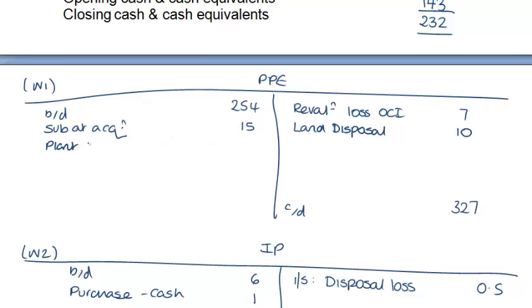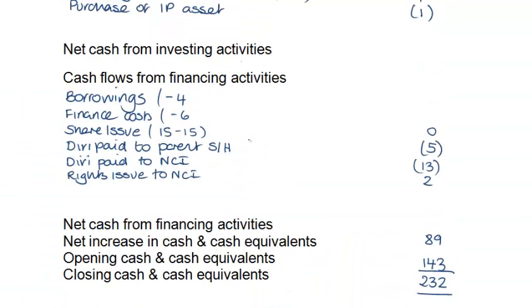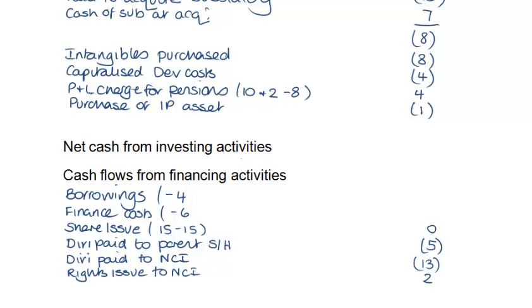We've got plant which we've swapped for land coming in at 4 million. We've also received cash of 15. If it's cash, it's go to investing, disposal of PPE 15.